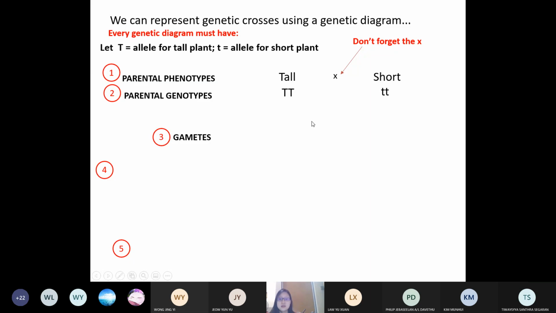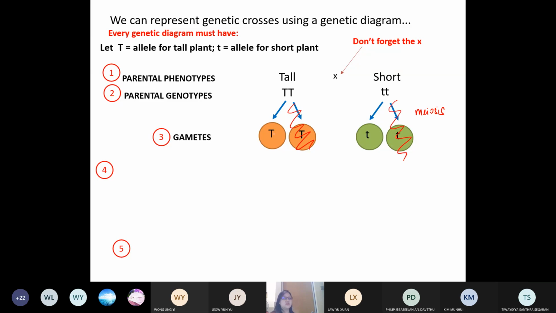Gametes are formed by a process of meiosis, so each cell would have 1 chromosome, 1 allele. So 2 alleles become 1 allele per cell. This is the process of meiosis that's happening. Now, you don't need to write 2 because it's the same type. You can just write 1 because it's the same type.